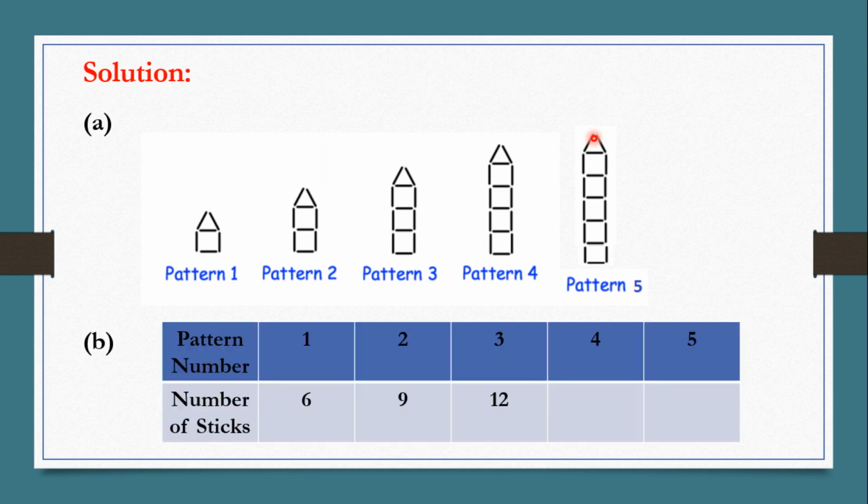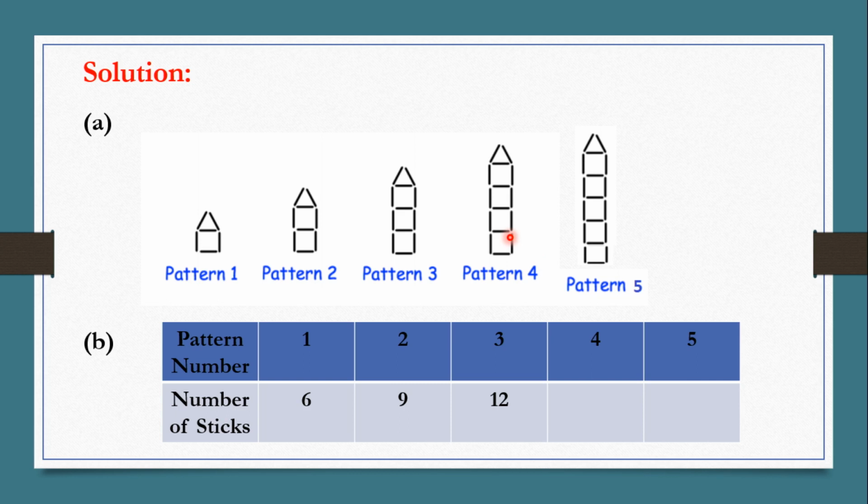Now part B, I need to find the number of sticks. So you can count the number of sticks. Pattern 1: 1, 2, 3, 4, 5, 6, which was already given. So we already have the number of sticks for pattern 1, 2 and 3. Now I need to find the number of sticks for pattern 4 and 5.